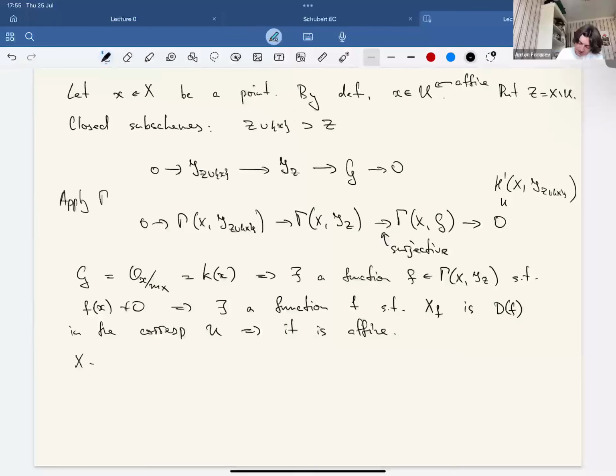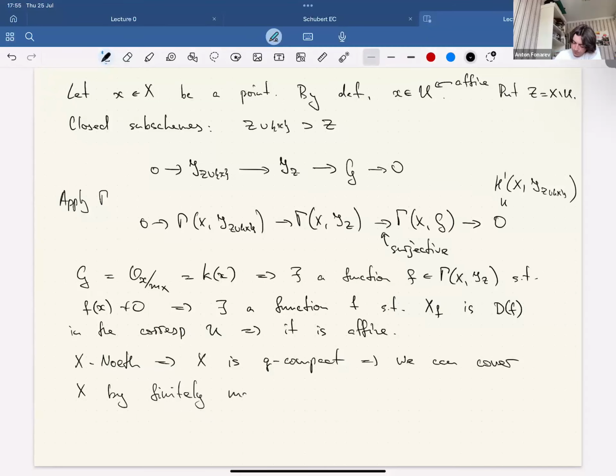If X is Noetherian, which implies that X is quasi-compact, which implies that we can cover X by finitely many such X sub f_1, ..., f_n, all right? But now, what do we get in particular?